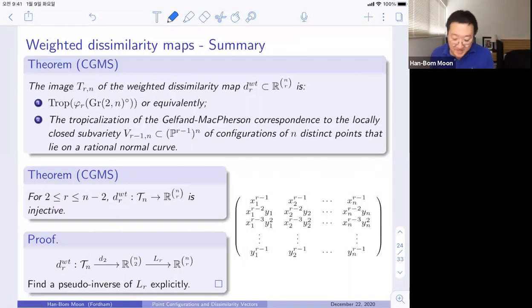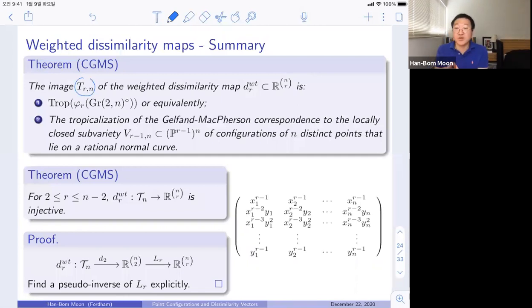Okay, so here is the summary. I will denote the image of the weighted dissimilarity map by T_{R,n}. It can be realized in two equivalent ways. First of all, this is the tropicalization of the map from the Grassmannian.